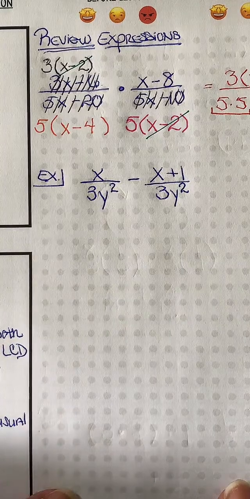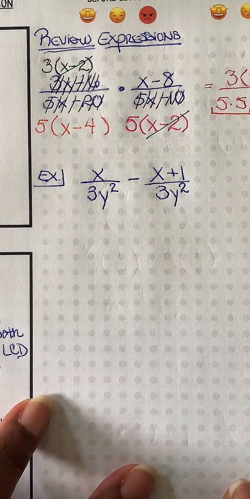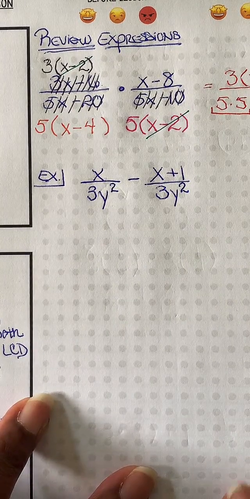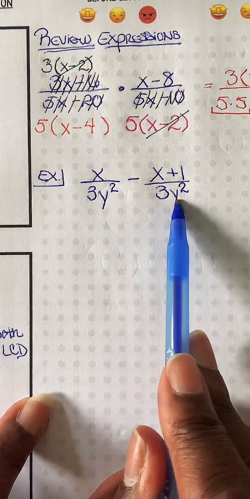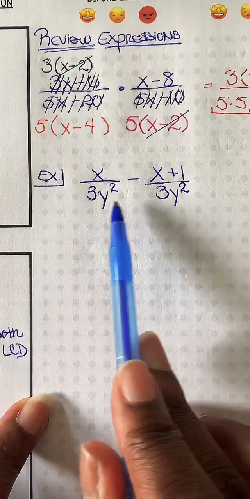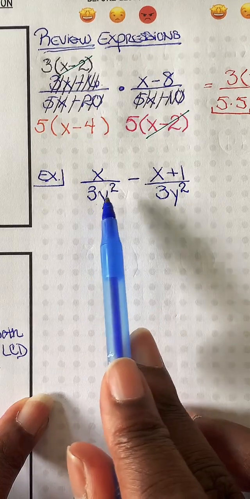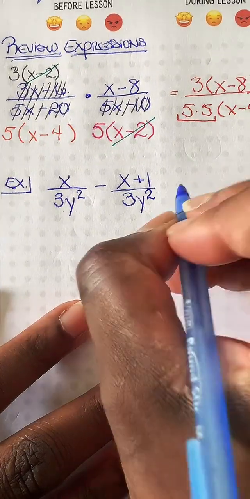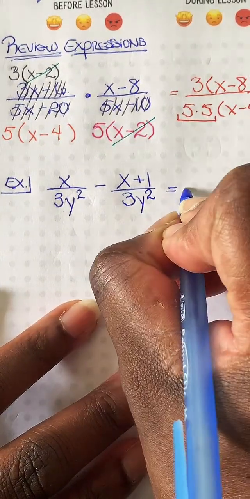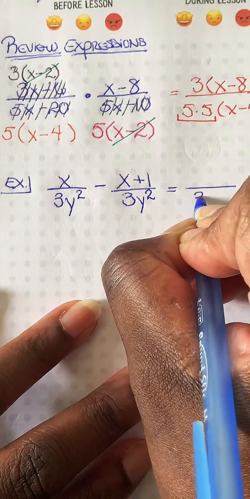Rational expressions is going to be a lot about fractions. So when we do this, we have to make sure that we have the same denominator. In this case, we do. So all we're doing is rewriting the denominator, because that's what they have in common.